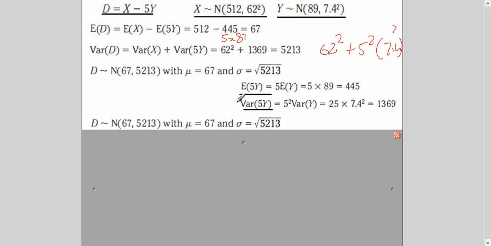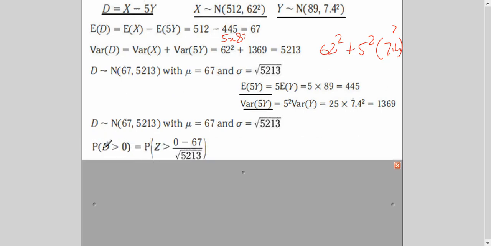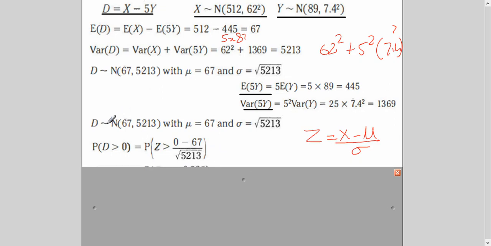This is just the breakup of what is done here. Okay, now here it is. So this is the question we have to find out, right? So you will change this d into z, and you know z is equal to x minus mu over standard deviation, right? So we have this distribution here already.